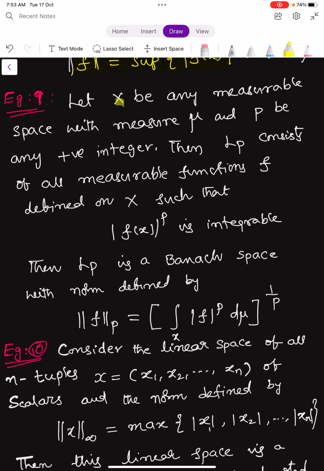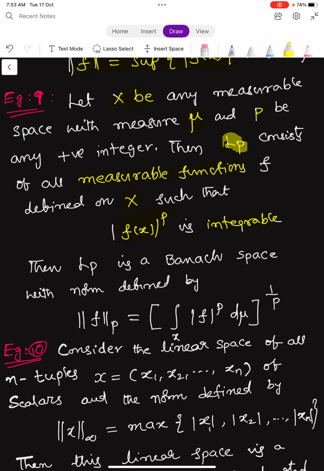We go for example number 9, which is about measurable functions. Let X be any measurable space with measure mu, and p be any positive integer. Then Lp consists of all measurable functions defined on X such that |f(x)|^p is integrable.